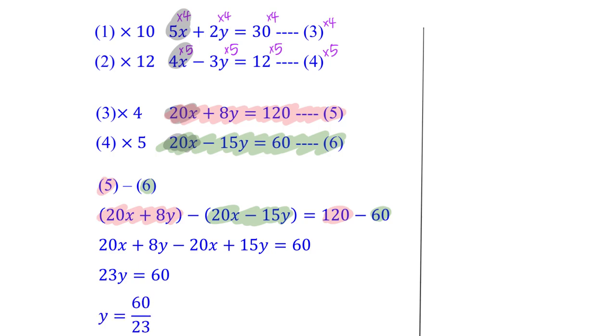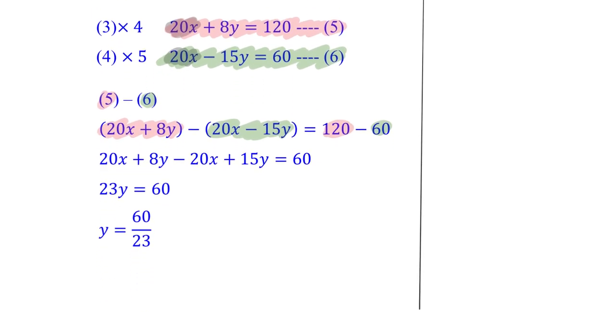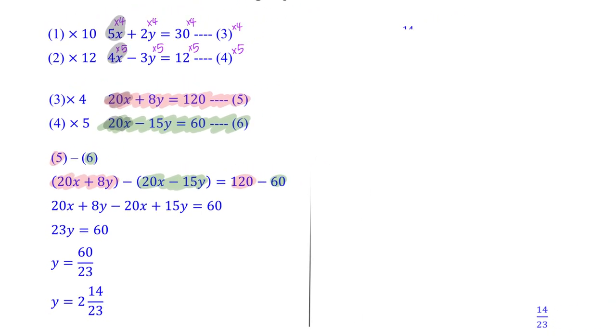If I divide by 23, it will look like this. You can leave your answer as 60 over 23, or as a mixed number, 2 and 14 over 23. Both are perfectly fine.